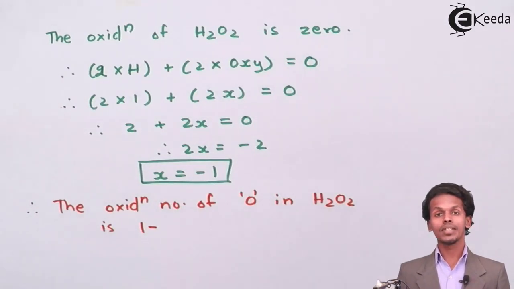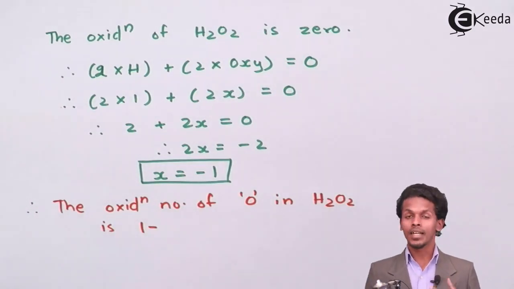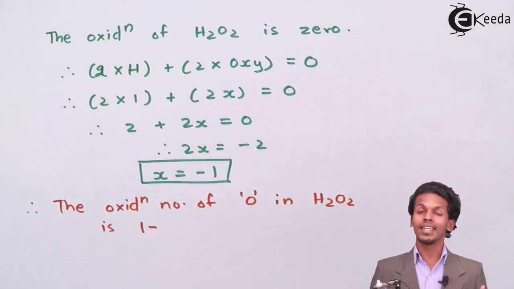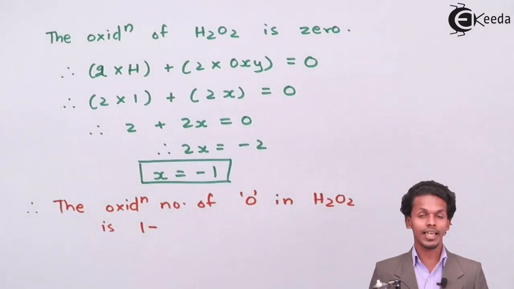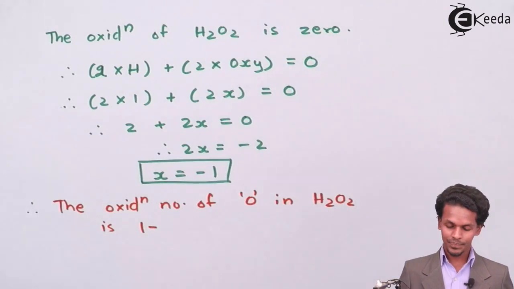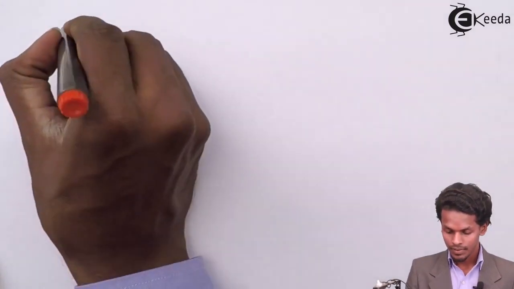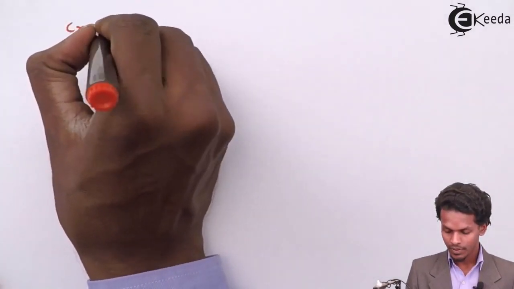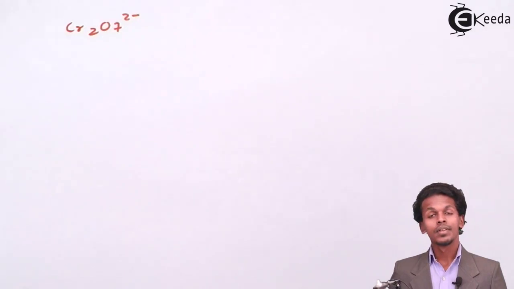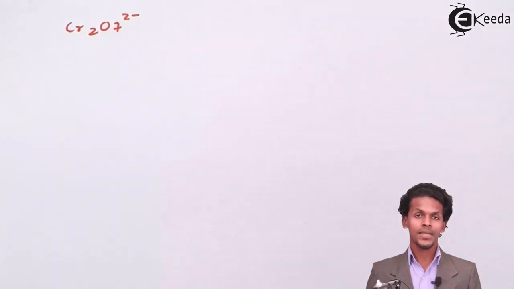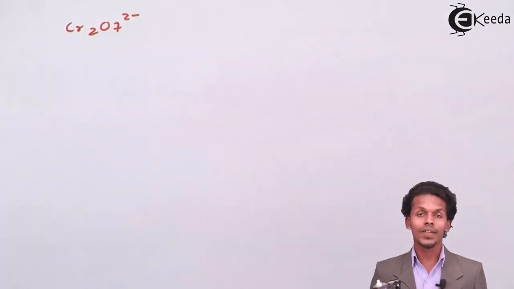Now we are going to determine the oxidation number for the next reactant, which in this case is the chromium compound, that is Cr2O7 2 minus.